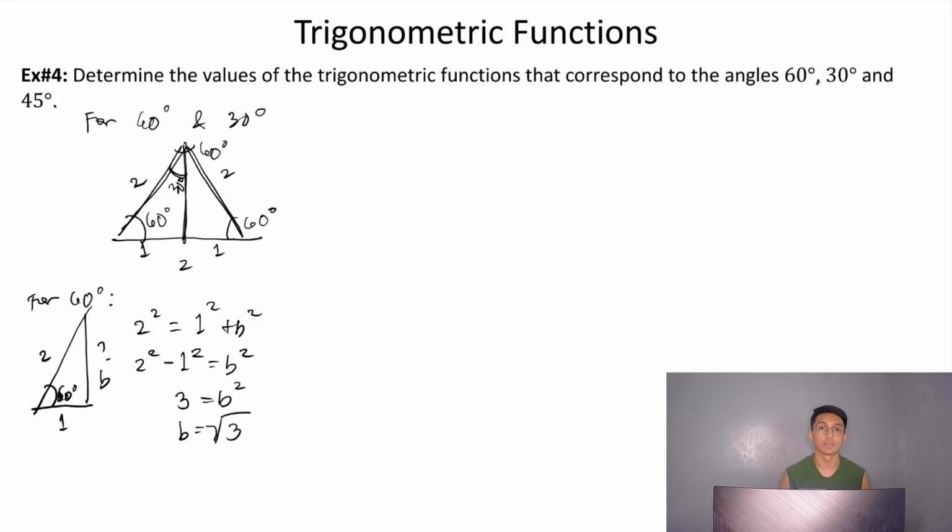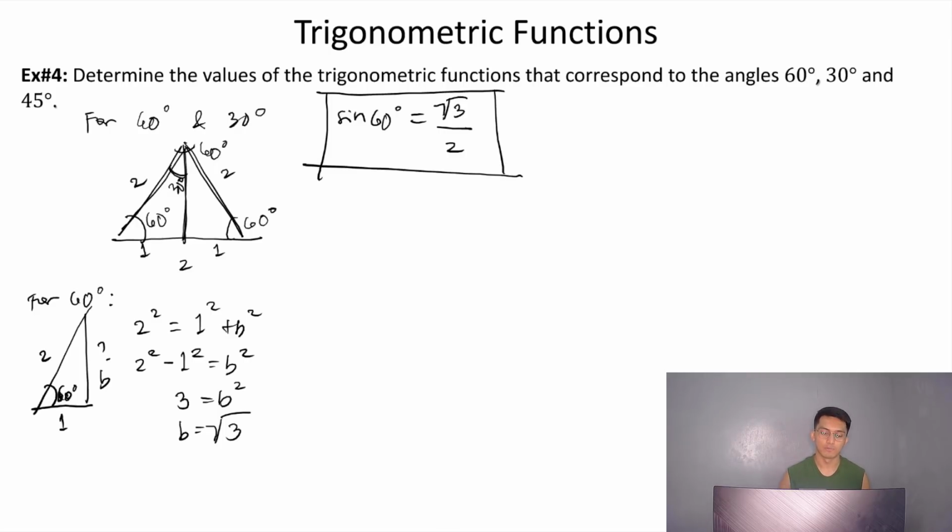We can now solve for the trigonometric function values. For sine theta, or sine 60 degrees, we have opposite over hypotenuse. Opposite as square root of 3 and the hypotenuse 2. So this is the sine 60 degrees. For cosine 60 degrees, we have the value adjacent over hypotenuse.